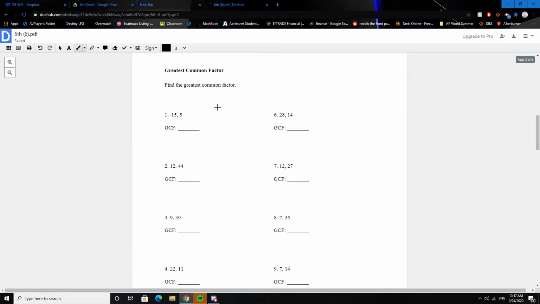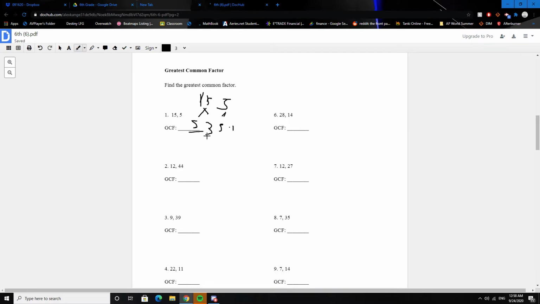Alright, moving on, greatest common factor, very simple. You're looking for the greatest number that can fit into both of these and still multiply out. Here, in this case, 15 and 5. The highest number here is 5. If I factor it out, it would be 5 and 3, and you can't factor out more here.